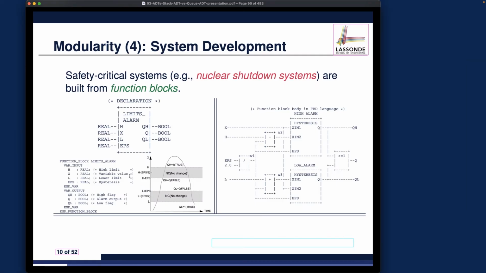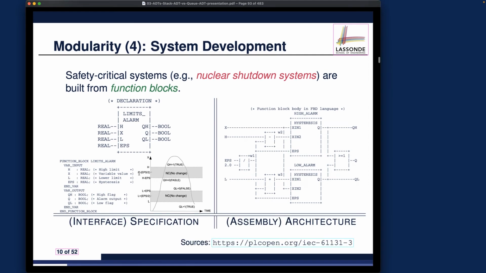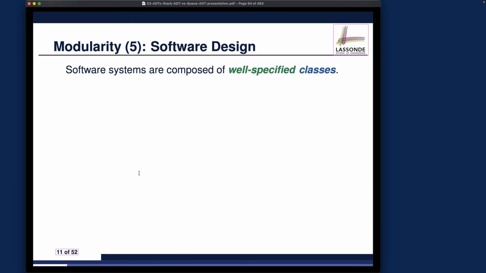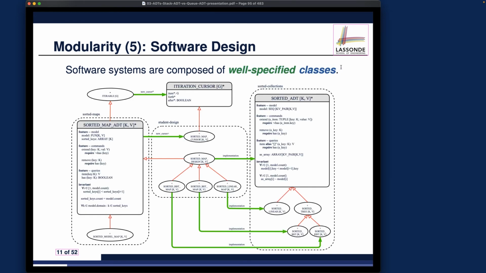All right, so the final example I would like to talk about is so relevant to you as a software developer. Software systems are composed of well-specified classes, especially when we talk about OOP. This is just one example, a so-called architectural diagram or software design diagram. You don't need to worry too much about the details. I just want to point out what can be relevant to what you learned earlier in the Java course so that you have an idea.